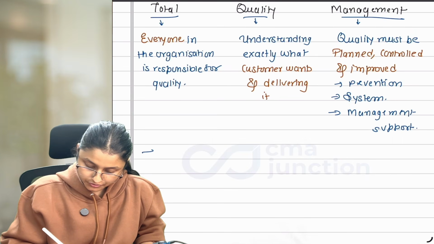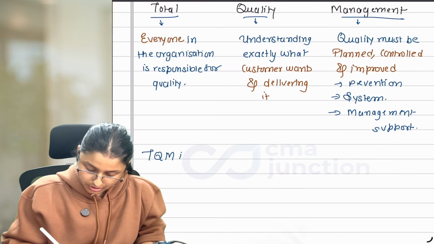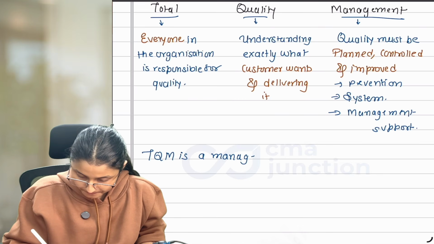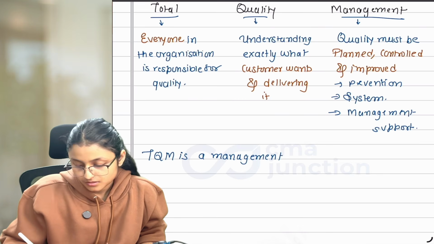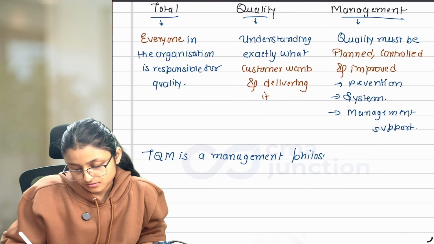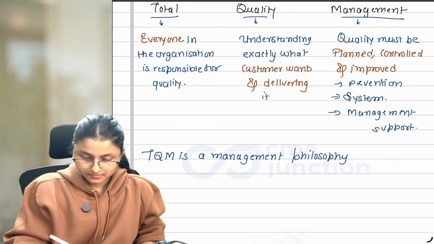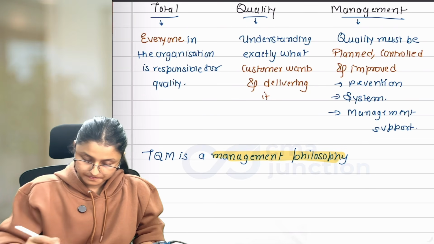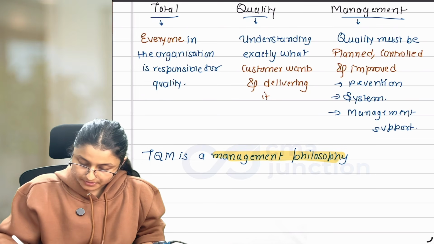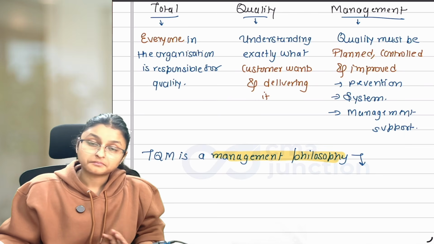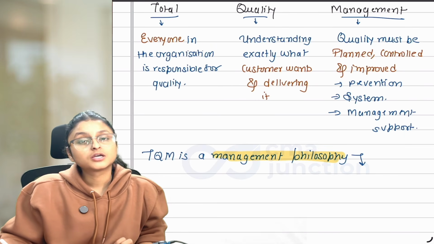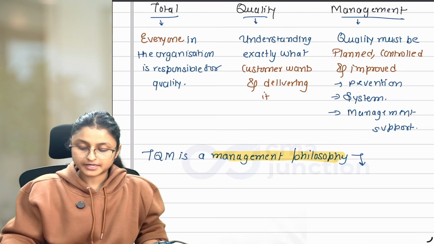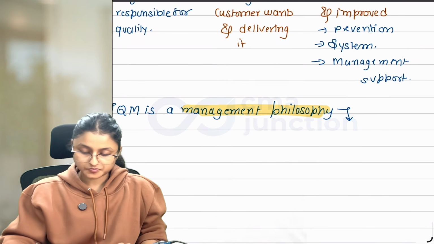Then we understood the first definition, which is TQM is a management philosophy. Now, this word management philosophy is very important here. Why? Because without management's involvement or without management believing in TQM, TQM can't be applied in organizations properly.